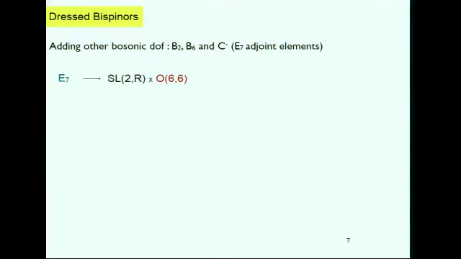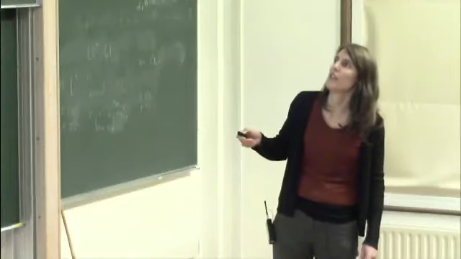Now if we want something that combines all the degrees of freedom in type 2, then we need to build this dress by spinor. So dress is with B2, B6, and C, which are all E7 adjoint elements. And in particular, if we want to see how generalized geometry arises, a subgroup that we should look at in E7 is SL(2,R) times O(6,6). The 133 is the adjoint of E7, and these are all in the adjoint.